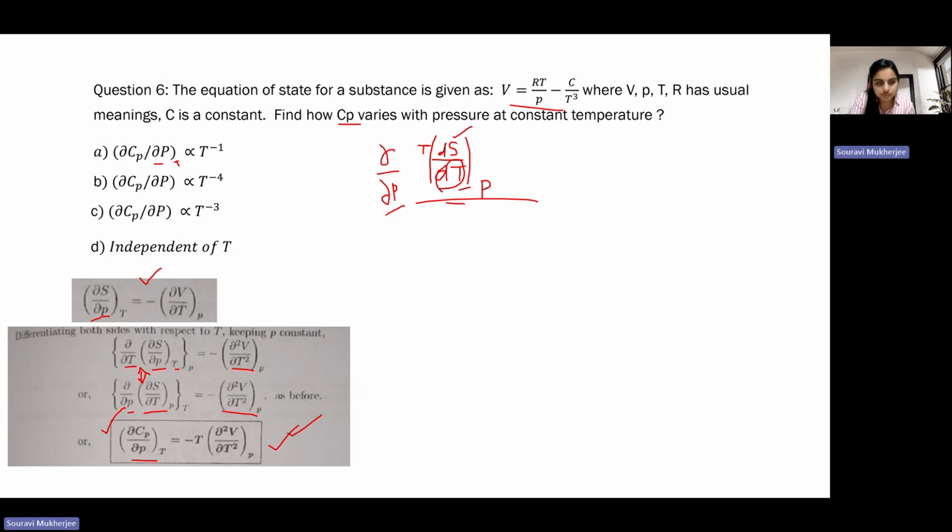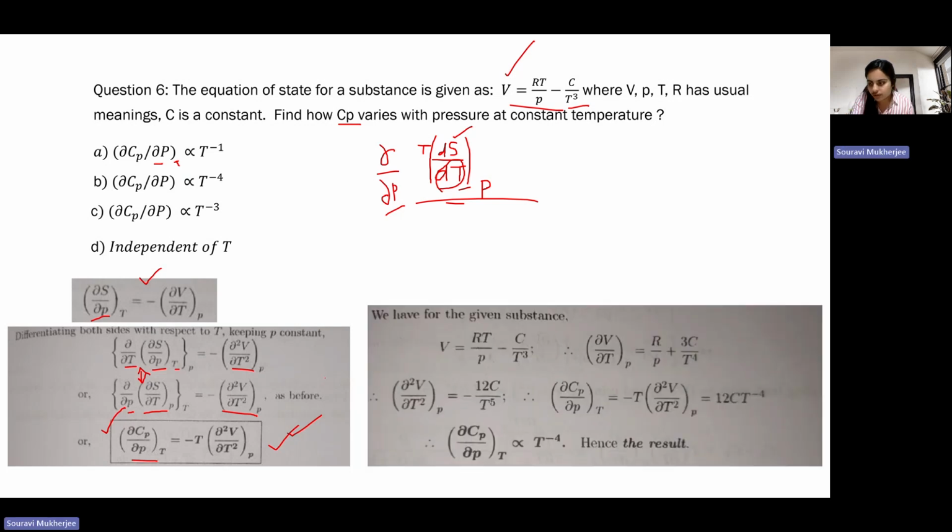So what do we have to do? We have to do a double derivative of this expression with respect to temperature. That's what the right hand side of this equation is telling you, right? So that means this is your expression of V now. So do del V del T and then do del square V del T square at constant pressure.